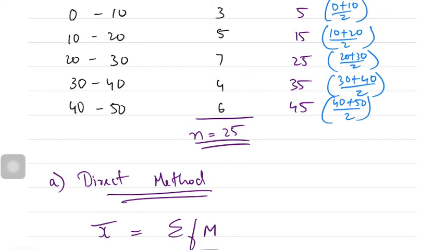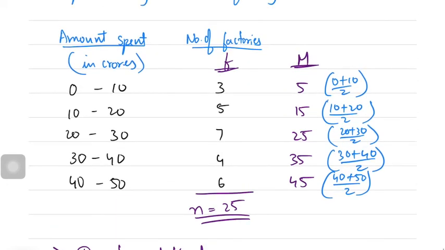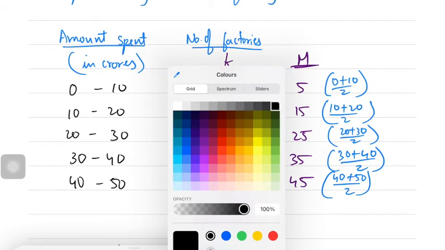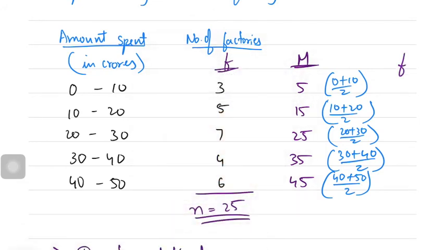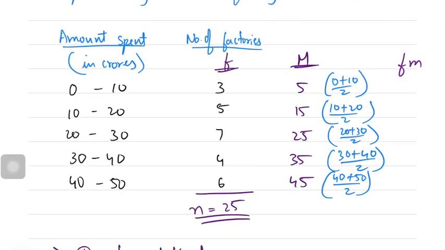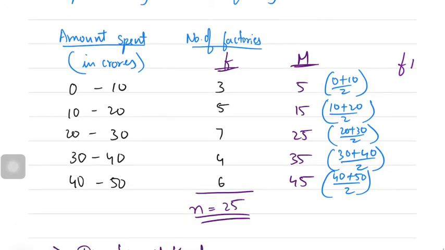The formula is summation fm upon n, right? Now let us calculate fm. My next column is fm, that is f into m.